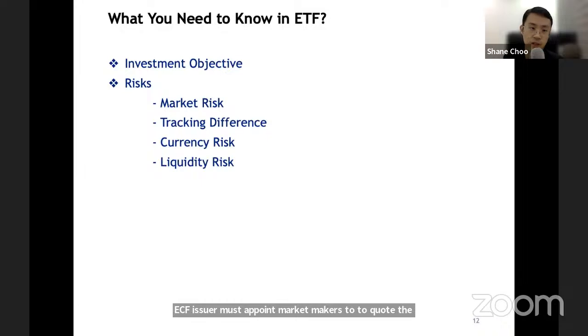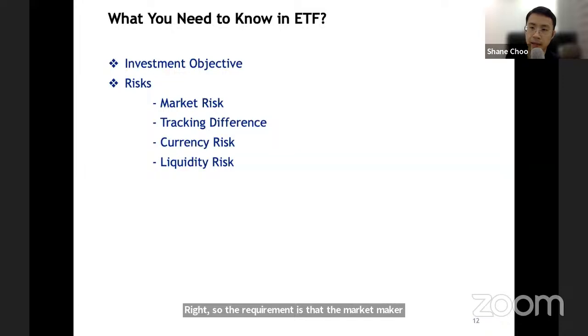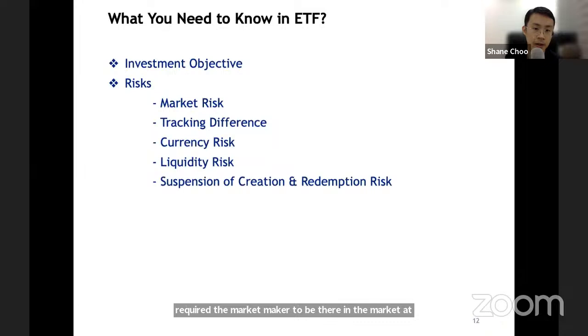So in Malaysia, the liquidity risk is fairly minimal, right? Bursa requires the market maker to be in the market at least 70% of the time. Okay. So we have suspension of creation and redemption risk. This is the next risk.